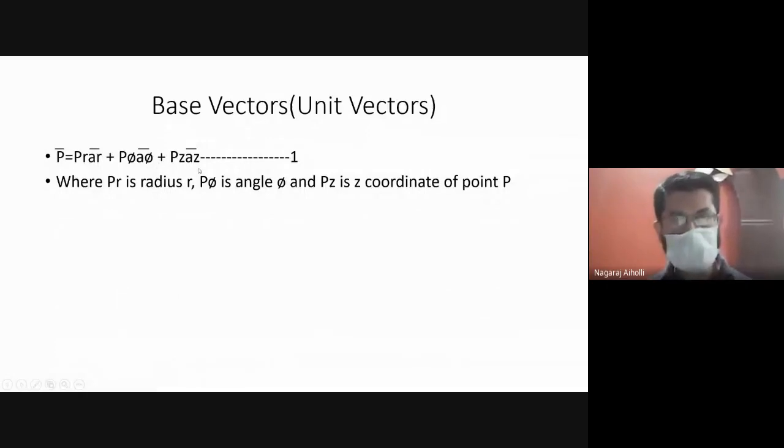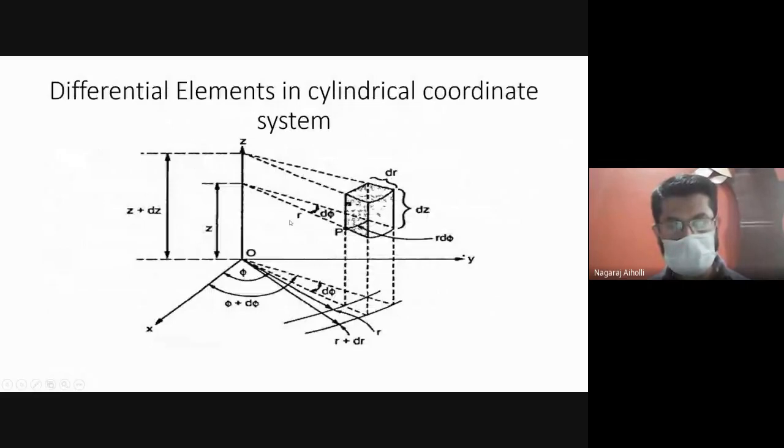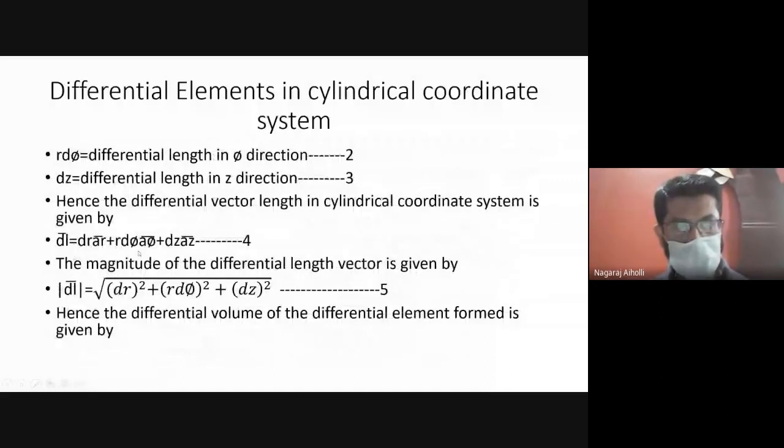Then differential elements in the cylindrical system: when we increase r to r plus dr, phi to phi plus d phi, and z to z plus dz, a surface is formed. Arc length is given by r into d phi, and hence the differential vector length dl bar is given by dr a r bar plus r d phi a phi bar plus dz a z bar, and the magnitude is square root of dr square plus r d phi square plus dz square.